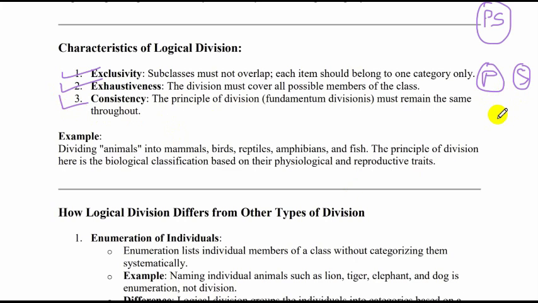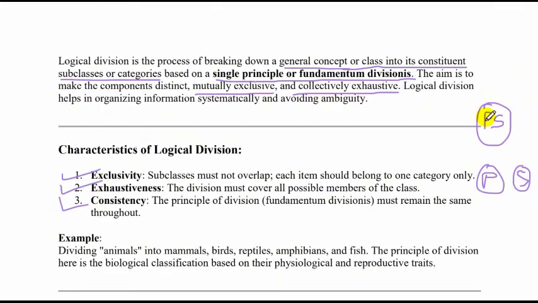That is, using of single principle, which is the key word for the definition of division. So the definition of division is breaking down a general concept or class into its constituent subclass or categories based on single principle.